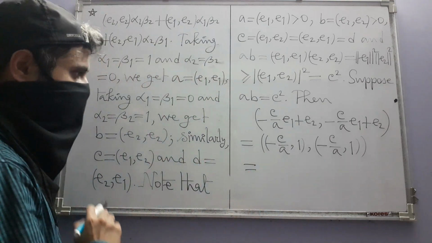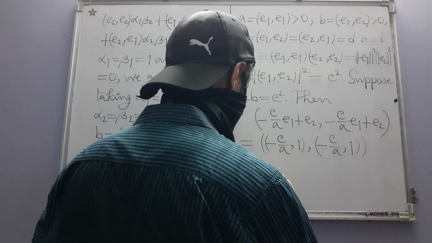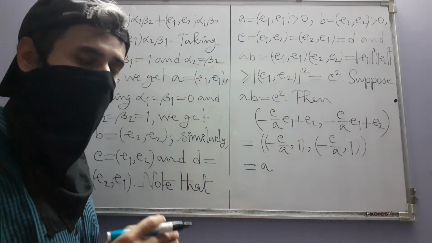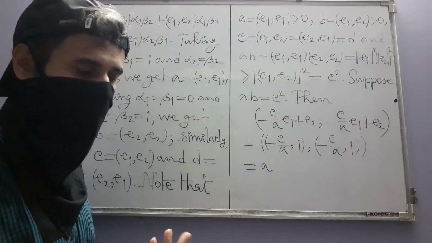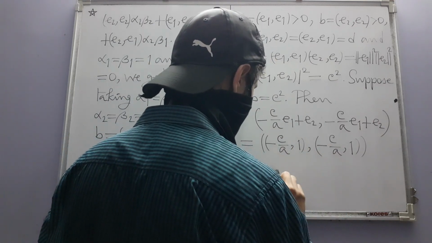So what is the definition of this function? A times alpha 1 beta 1. In this case, alpha 1 and beta 1 are the same and they are equal to this.